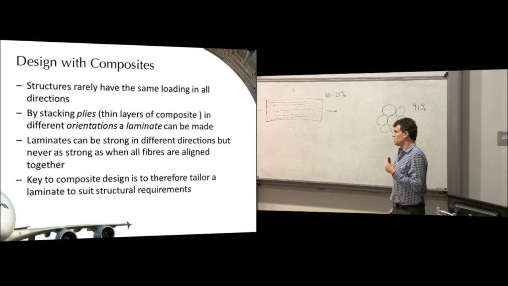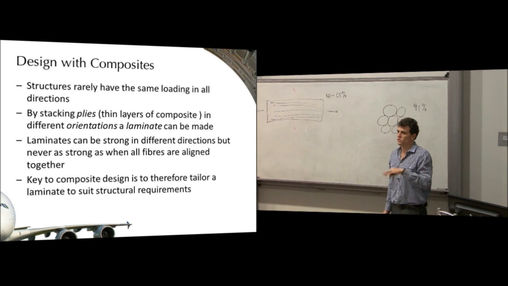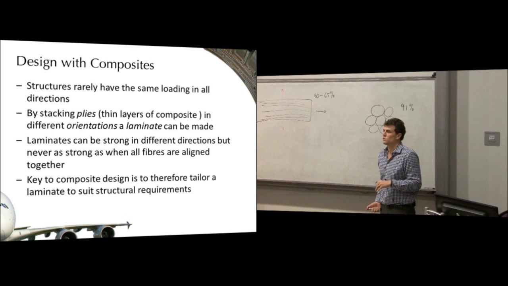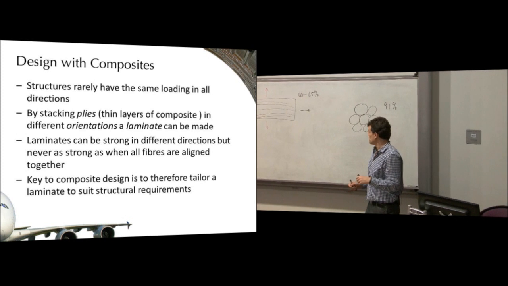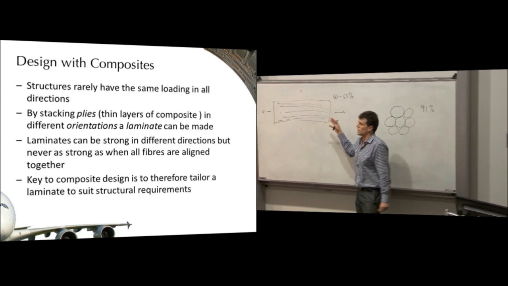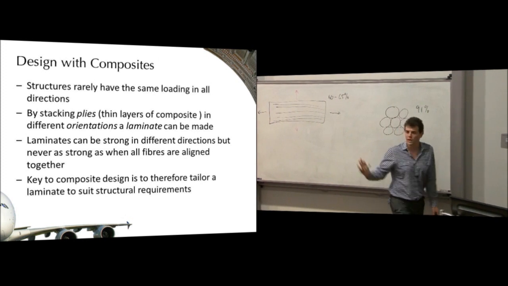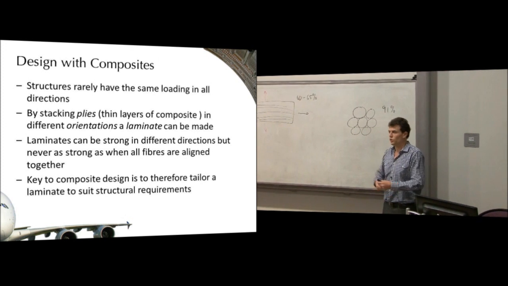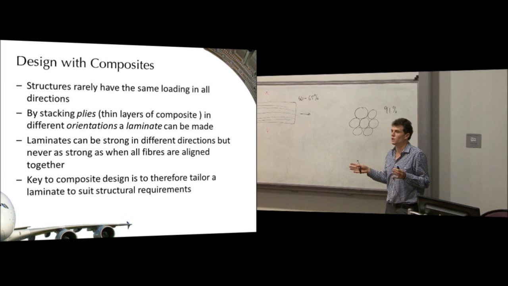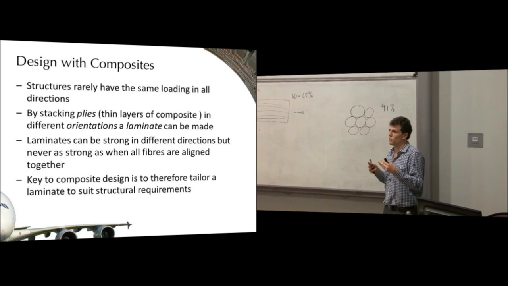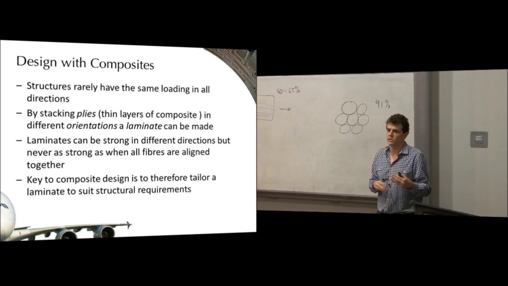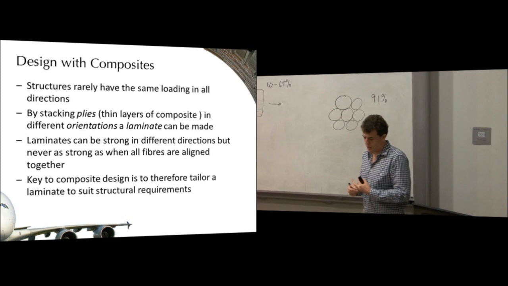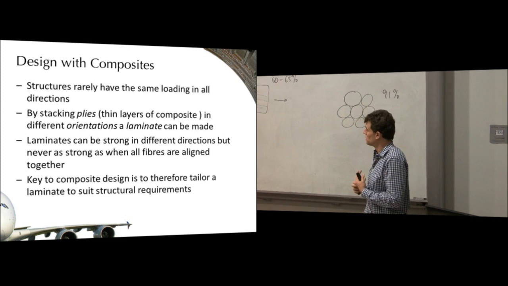So if you have a good enough knowledge of the spectrum of loads that a component is going to see in its lifetime, you can stack the plies exactly to match that set of loads rather than having a material like a metal where it's strong in all directions even though it may not need to be. You can really tailor the composite to be strong only in the directions that it needs to be, and hence saving weight.